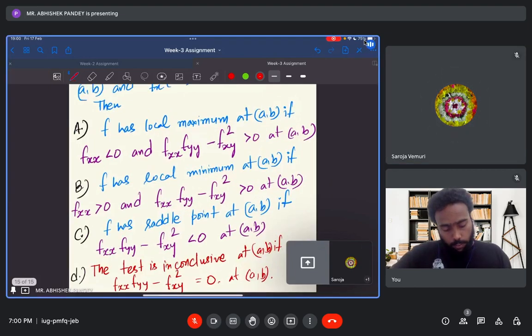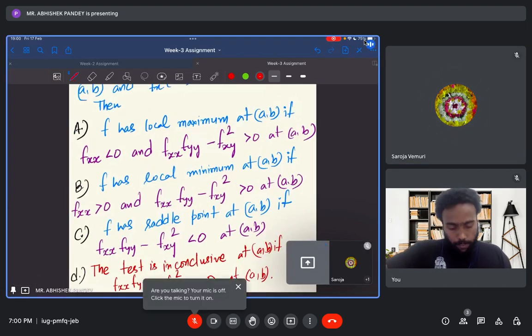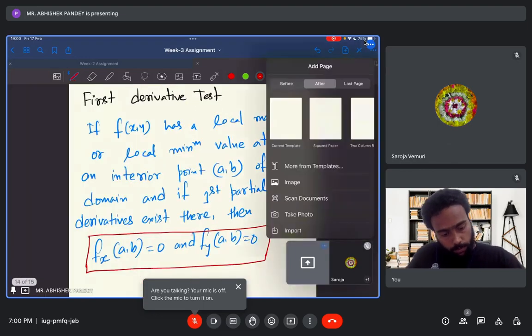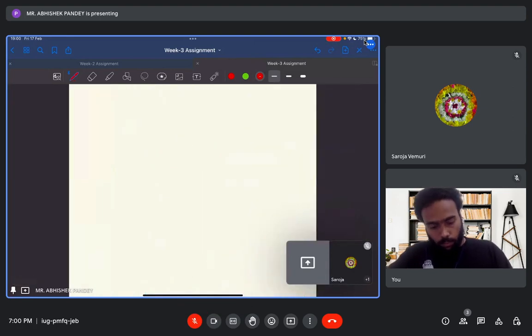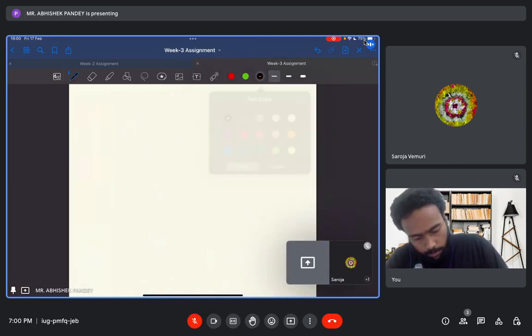Okay, but one thing is there that I haven't defined the saddle point yet. So let me define it first before this one. Let me give some definitions. So one is critical point.